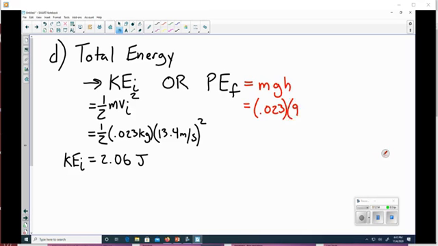And just to show that you need only choose one point, if we then calculate the potential energy at its max height, we'll still find that the potential energy, or the total energy of the system, the potential energy at the top of its flight, is 2.06 joules.